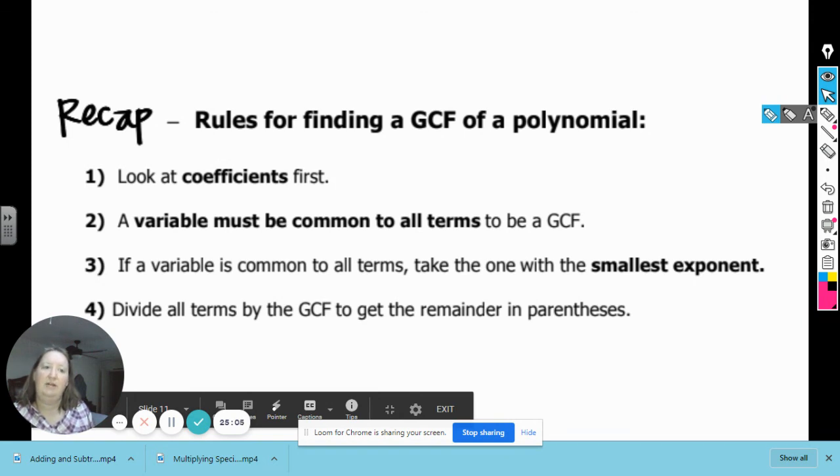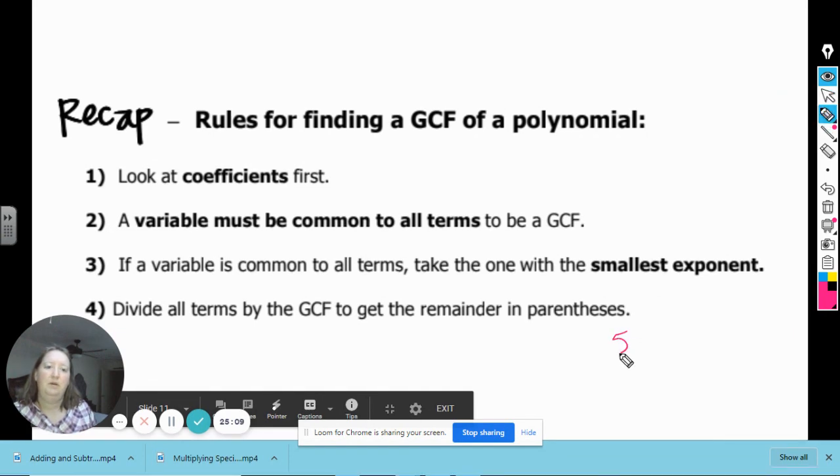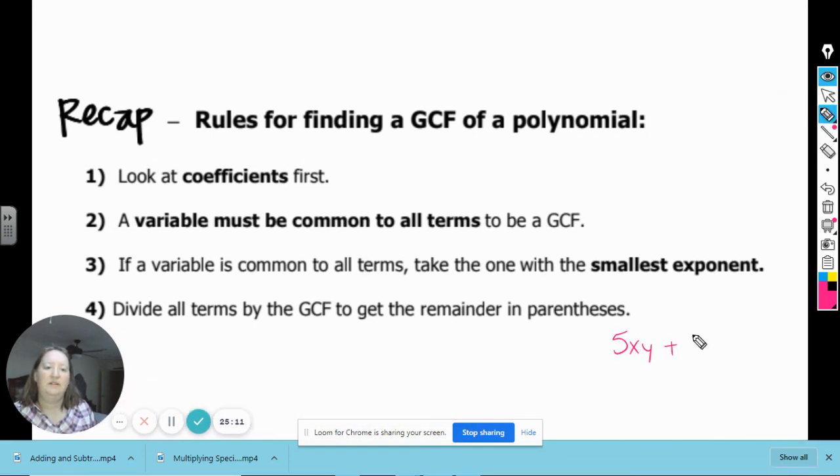So you would have your answer if we had a problem like 5xy plus 10x squared minus 15x. So we're going to take out the most we can out of all of them. Look at the coefficients. 5 is the biggest number that can come out of all of these. Then, are there any variables that they have in common?